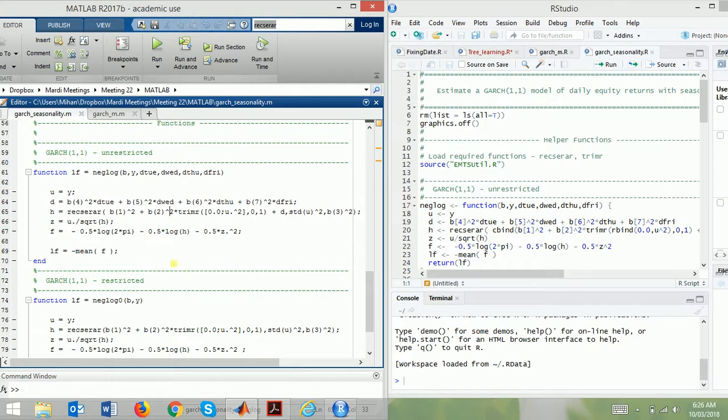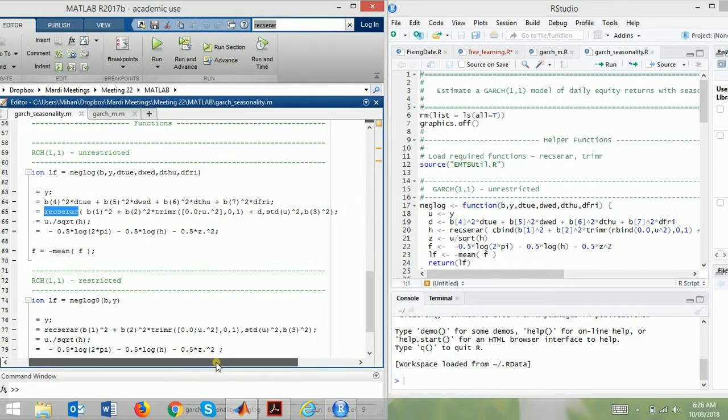Then comes our GARCH, and we start with a recursive function. And what does the recursive function take in? It takes x, the exogenous variable, then y naught, the initial value, and then a, the autoregressive parameter.